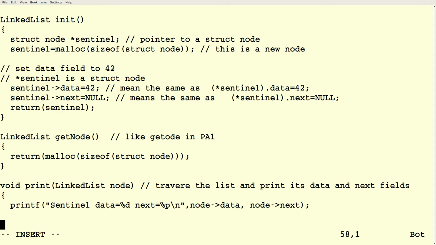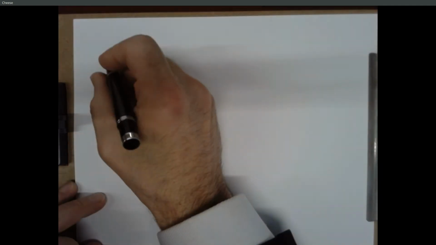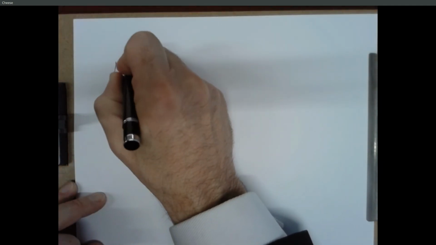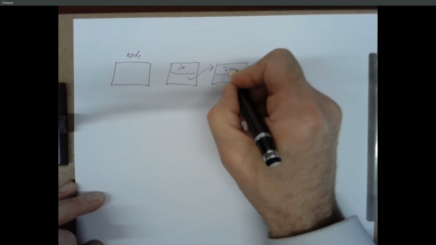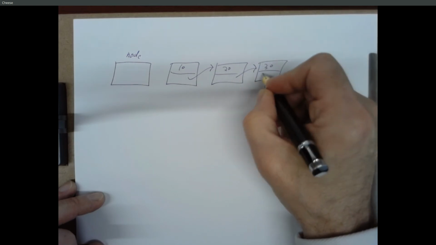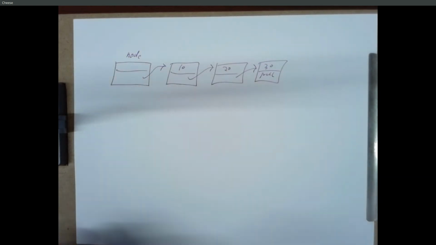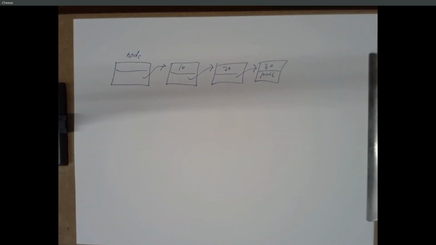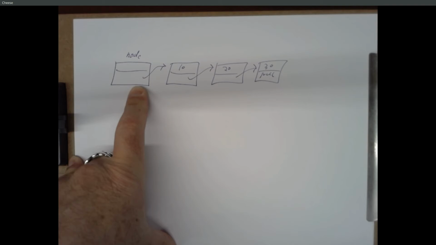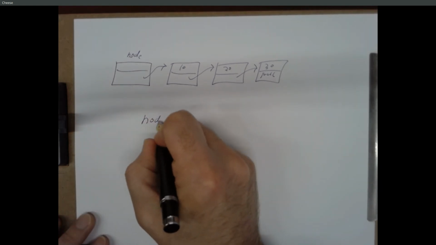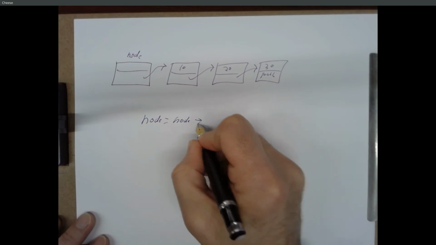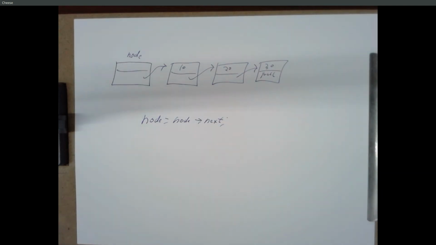So how do we loop through and print our entire list? So that's what our list looks like. Node is the Sentinel node. To move down the list, to make node point to the next thing in the list, it's just this: node equals node arrow next.